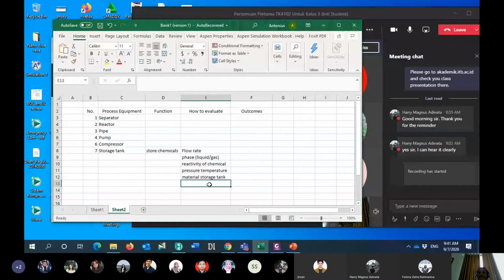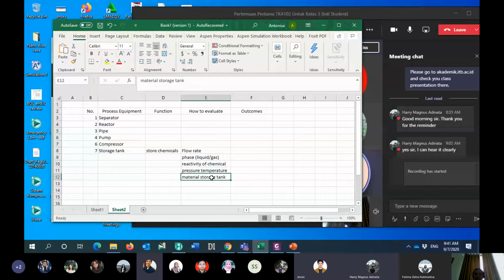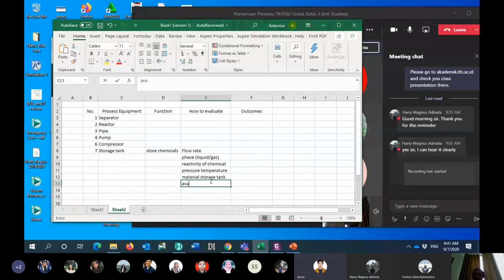Maybe the availability of the space. Oh, the availability of the space. Okay, any others? Okay, I think it's enough.